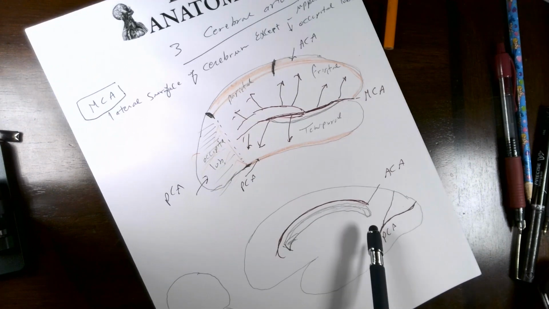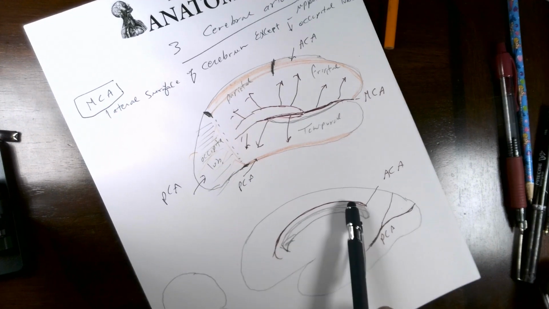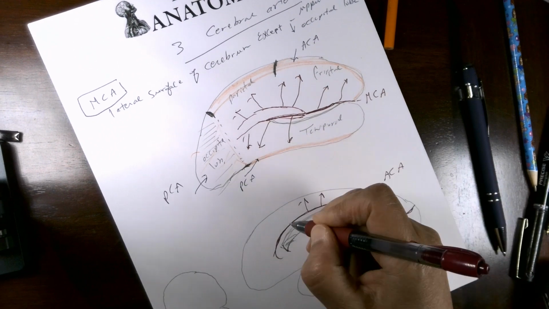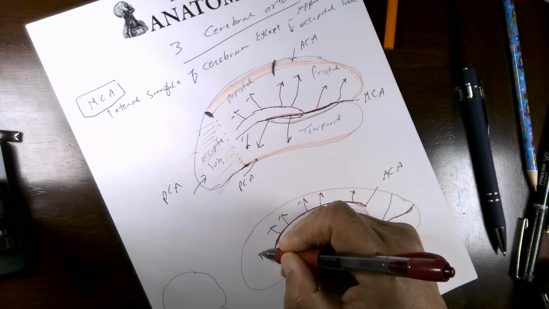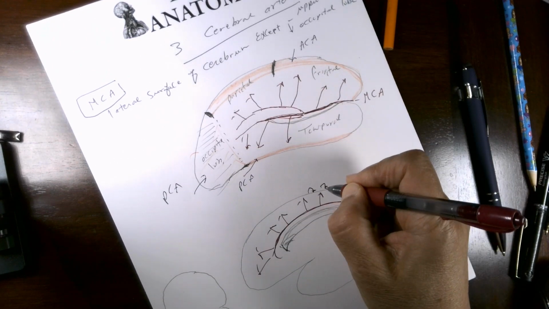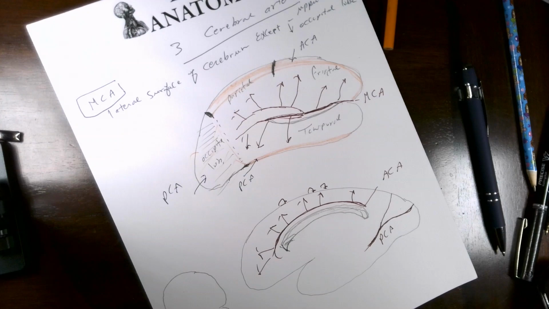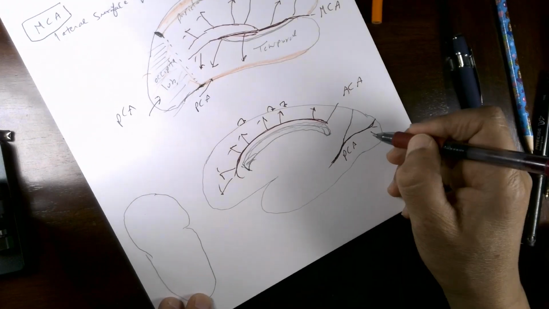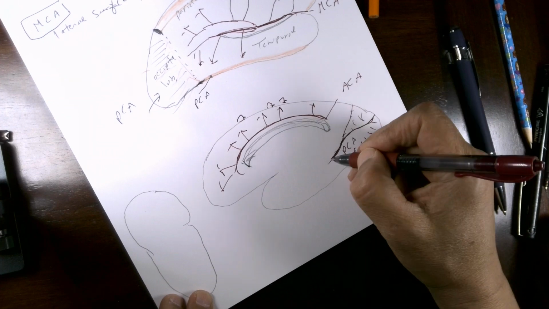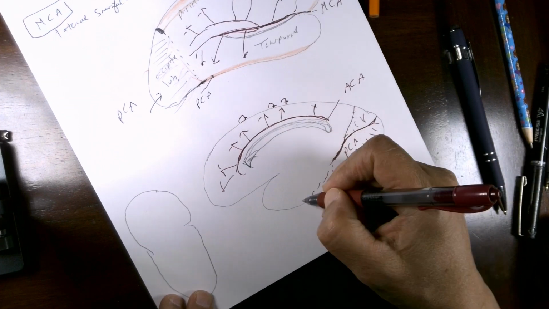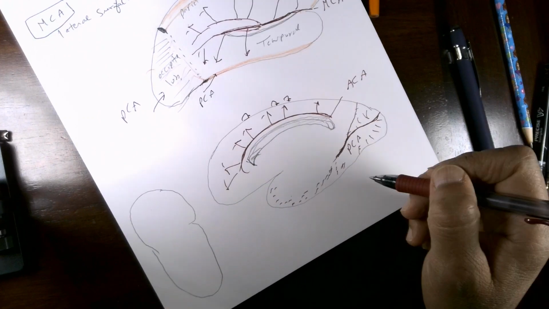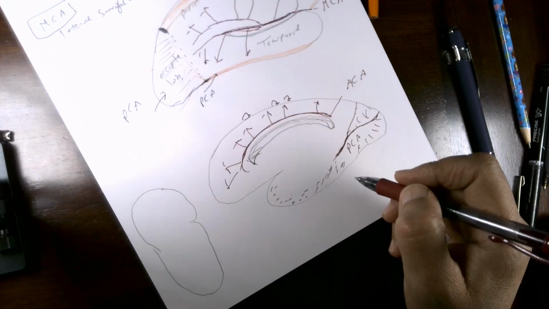If you come from the medial surface, the medial surface is supplied, again, by the anterior cerebral artery, and this extends to the upper part of the lateral surface. The occipital lobe is supplied by the posterior cerebral artery, and this extends also to the tentorial surface of the brain and part of the temporal lobe.